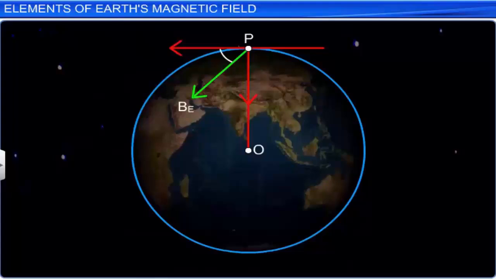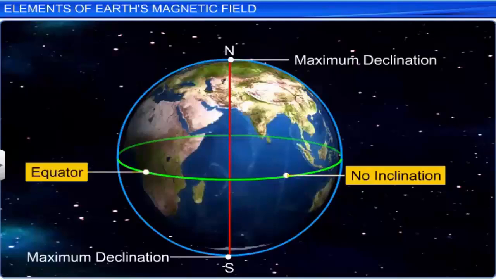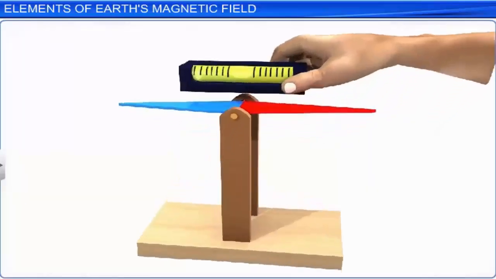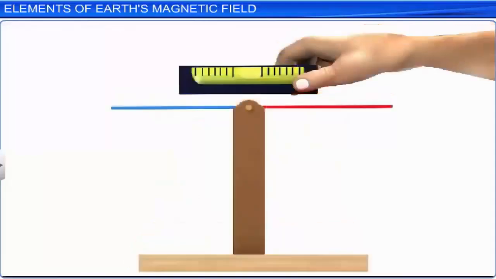The inclination is 0 at the equator and increases as the latitude increases. If this compass is placed atop the magnetic pole, it will come to rest in the vertical position. We can measure the inclination at any given point using a magnetic needle with the horizontal axis and a spirit level.